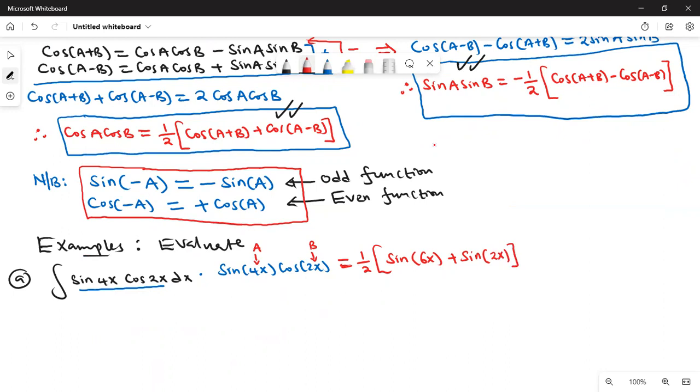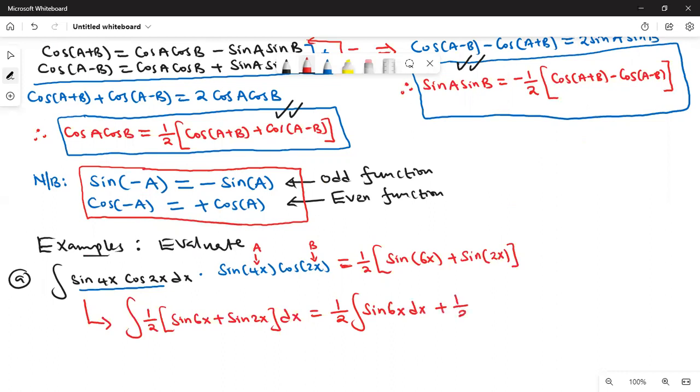So therefore, this integral can now be written as the integral of 1 over 2 sine 6x plus sine of 2x dx, which is the same as 1 over 2 the integral of sine 6x dx plus another 1 over 2 the integral of sine of 2x dx.